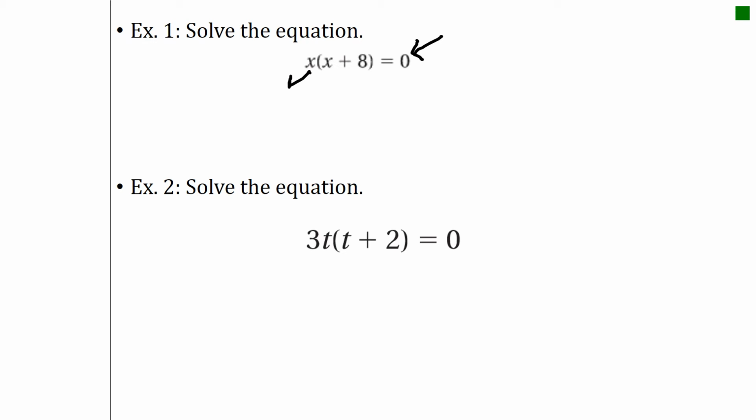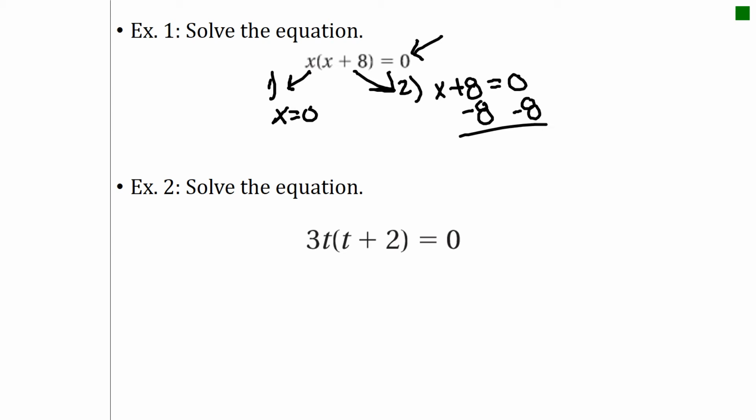So our first one is x equals 0. Since this is by itself, you're done. The next one, the second one, is x plus 8 equals 0. All right, solve for x. We take away 8, take away 8. X equals -8. You found the two x-intercepts.